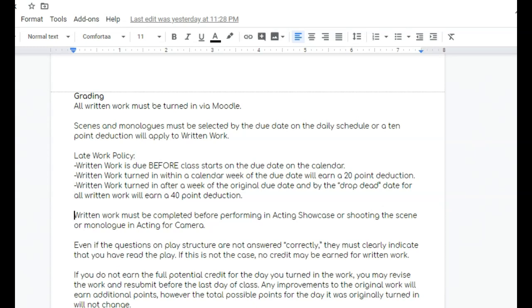If we're dealing with a situation where performing an acting showcase or having your scenes or monologues shot by a professional videographer, as we do in acting for camera, you can't do either until your written work is done. Just for grading purposes, I have to have it by the drop dead date, and that's clearly marked on the daily schedule.